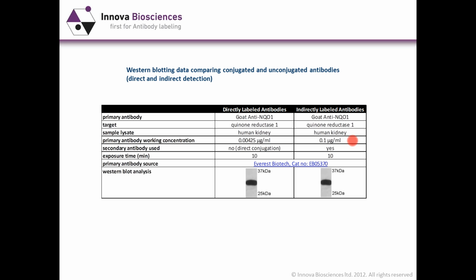So you've had to undergo all of those wash steps and the additional time taken for the secondary antibody to be applied. And what you can see, even with 25 times more primary antibody, is the band seen is really of exactly the same intensity. There is no additional intensity seen using that antibody, even though you're using much more of the primary reagent.